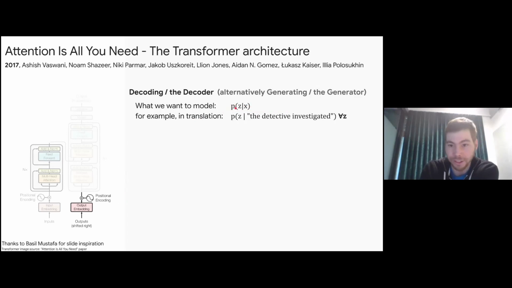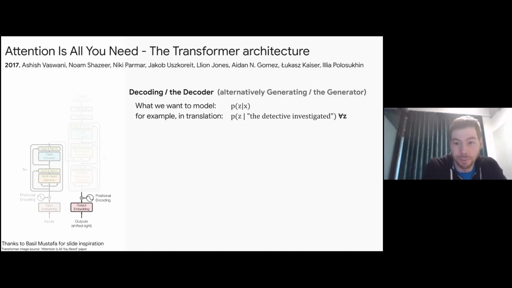And for translation specifically, we want the probability over all possible Japanese sentences given our English input sentence, right? Given the detective investigated, what's the probability of Japanese sentence 1, Japanese sentence 2, and so on, millions and millions of them, right? And then we can sample the most likely one. For example, just take the most likely one, which gives us one translation, or sample from the 10 most likely ones, which gives us 10 likely translations, and so on.